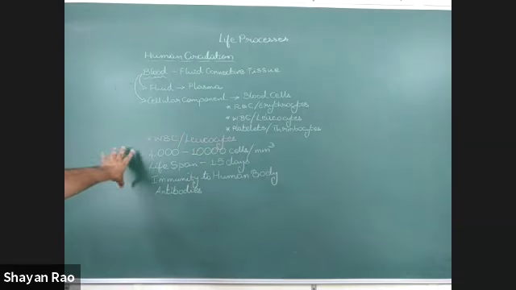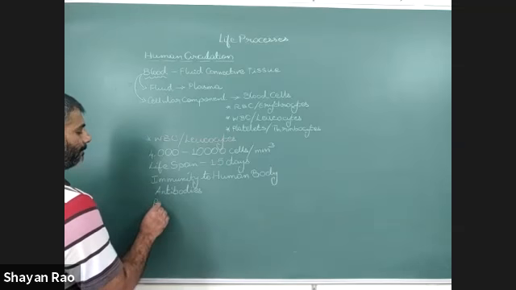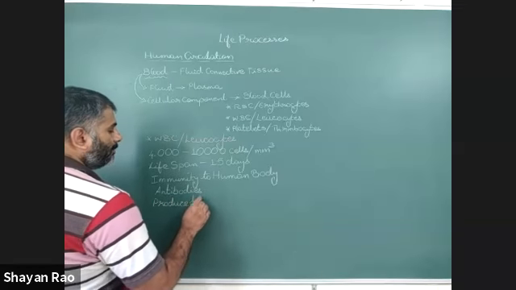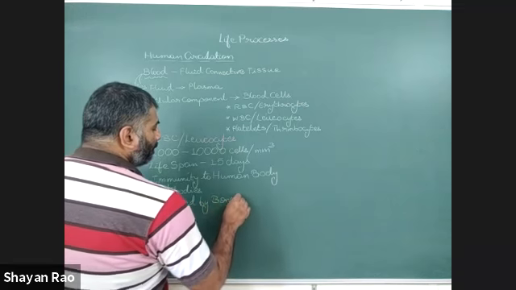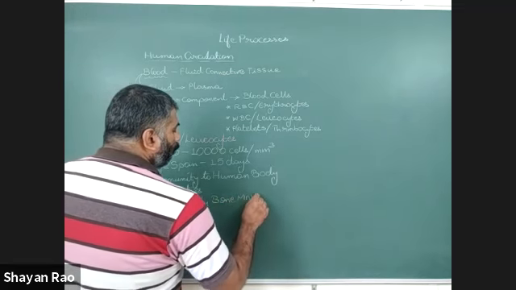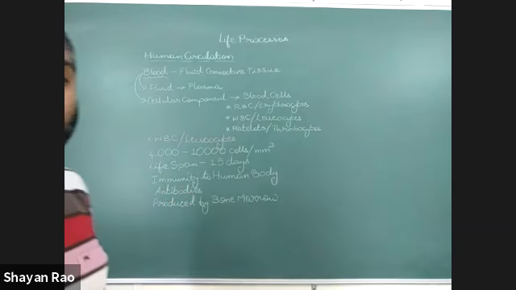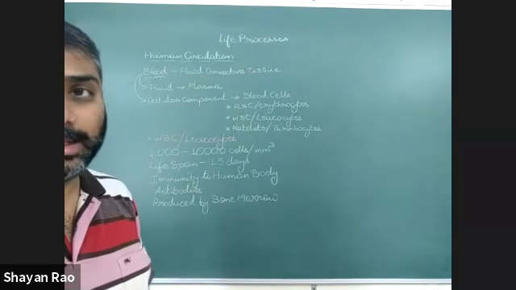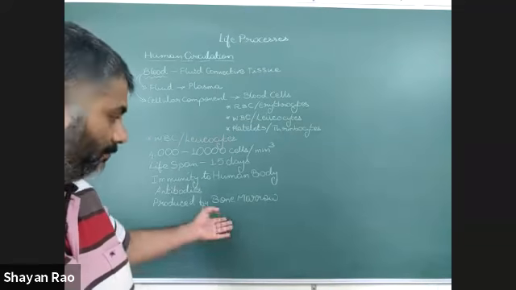Okay, is that clear to you, everybody? And then WBC are produced by bone marrow. So bone marrow is going to help in production of RBC, WBC, and even the platelets. Okay, is that clear? Make note of this one.